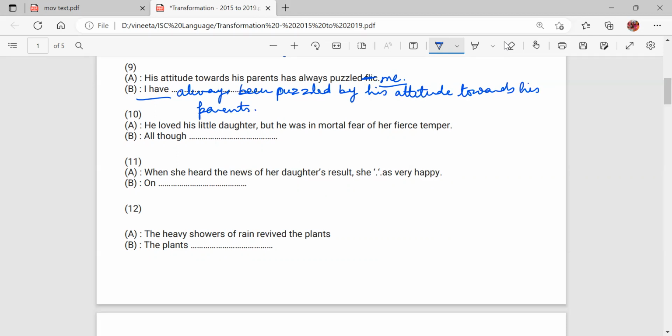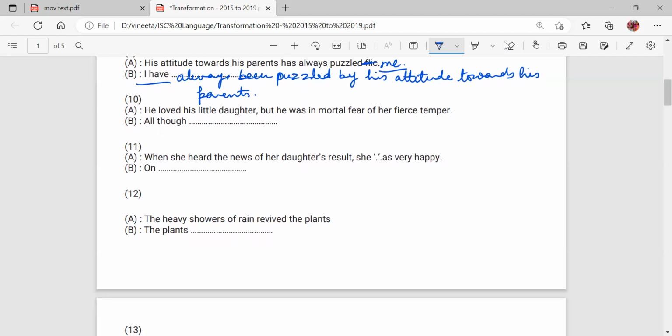Right? Now look at the next. He loved his little daughter, but he was in mortal fear of her fierce temper. Okay. So although, now this "although", the spelling is wrong, it has to be like this.